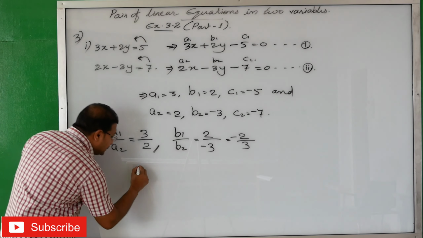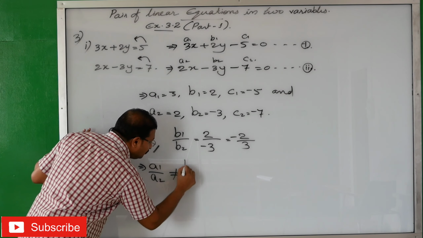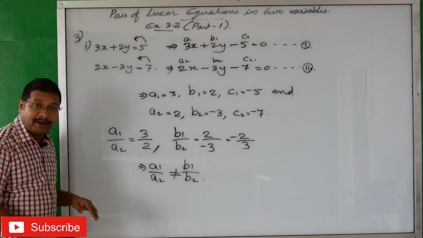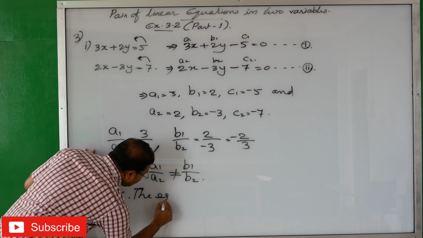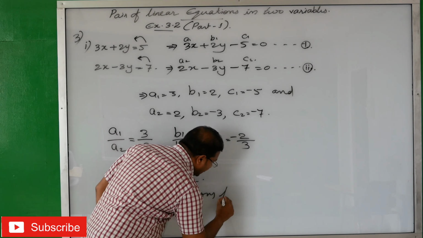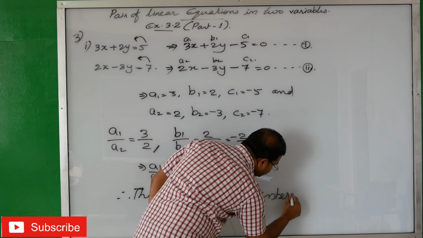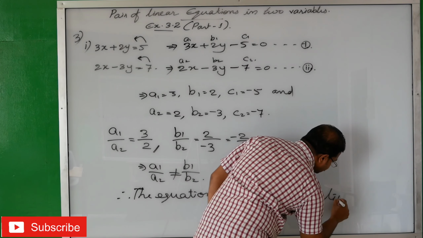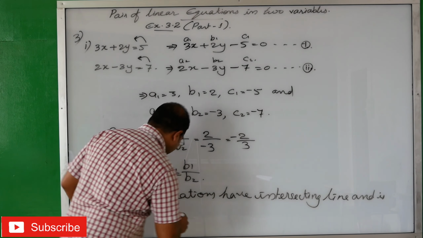That means what will you write? This implies A1 by A2 not equal to B1 by B2. If A1 by A2 is not equal to B1 by B2, what will you write? Therefore, the equations have intersecting lines and is consistent.